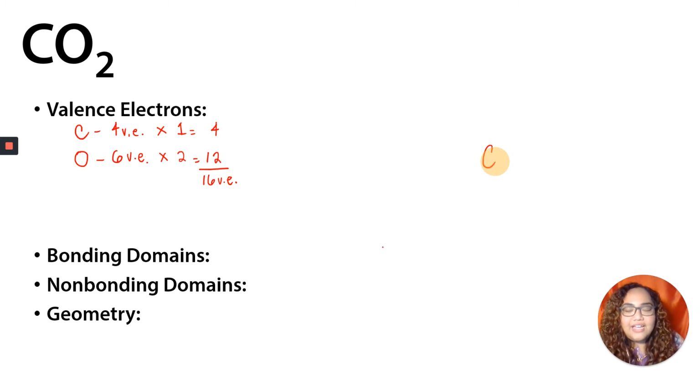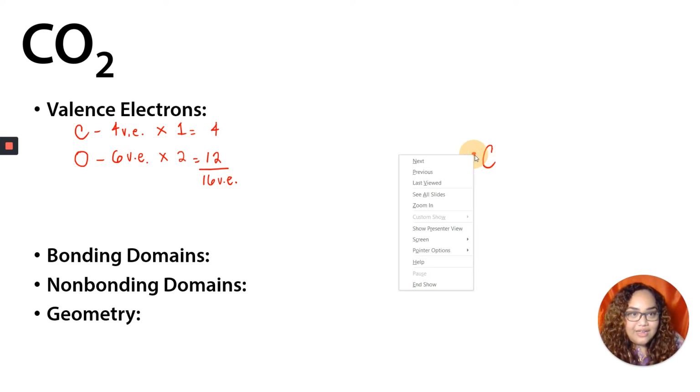So you have carbon. Now you're going to draw the number of valence electrons for the carbon. So it has 4. We're going to situate them in such a way that we can place the oxygen on both the right and the left sides. So you're going to draw the dots by pair. You're going to draw a dot here and a dot here, another dot here, and another dot here.